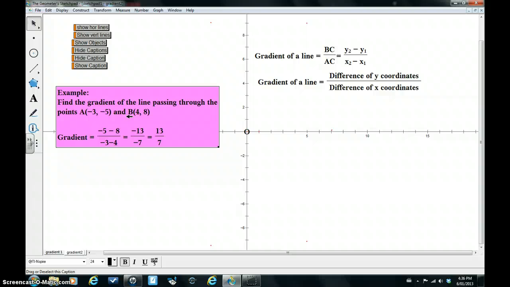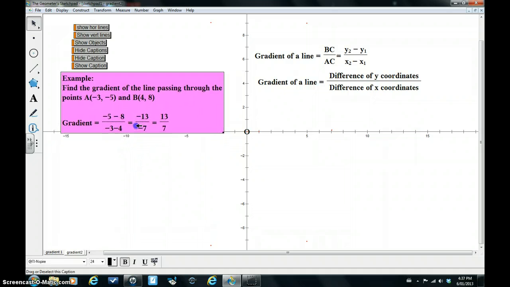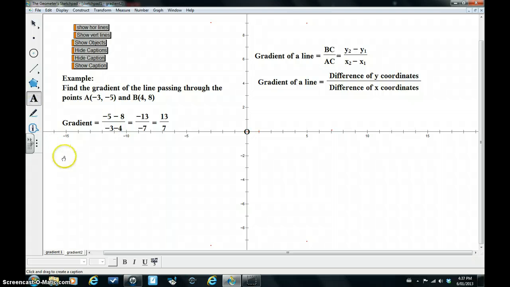Now, I started with point A when I chose the y coordinate. It doesn't matter where you start. You could have started with point B so long as you are consistent. In fact, I can show you quite quickly doing it using point B as our starting point. So let's see if I can do that very quickly.